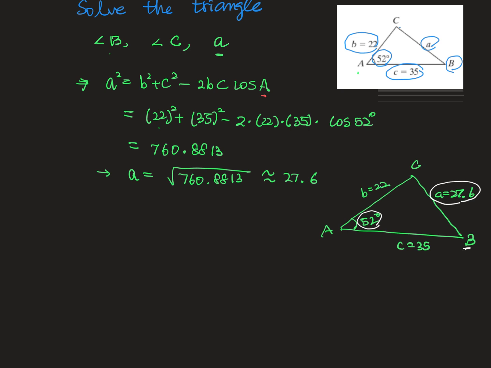So let's use the law of sines. Sine A over A equals sine B over B. So sine of angle A, 52, over 27.6 equals sine B over 22.